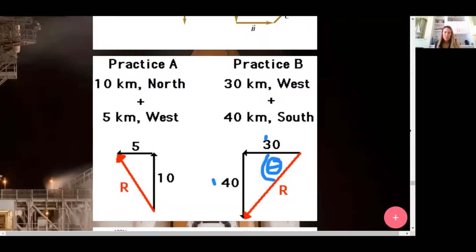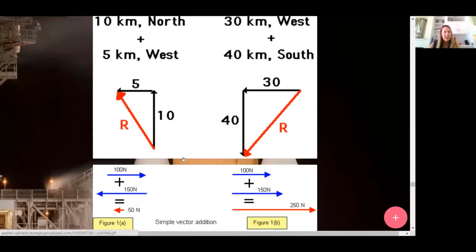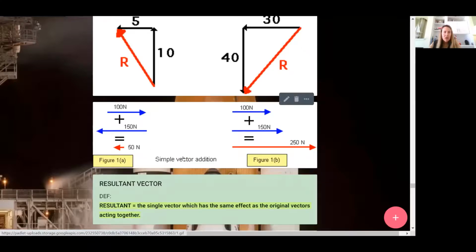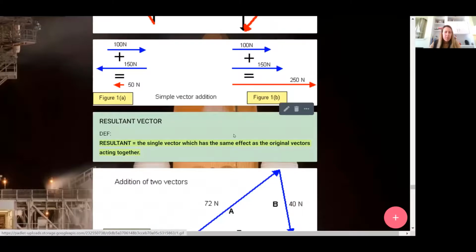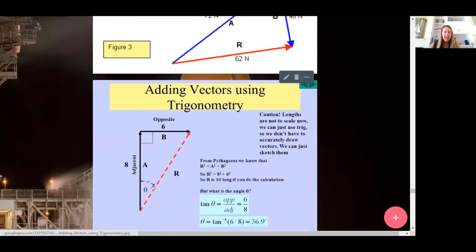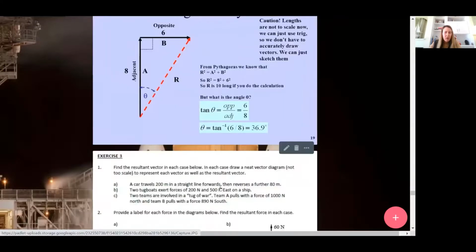Opposite over adjacent will be the tan of theta, so the tan of theta will be 40 over 30. To get theta alone, you simply get the arctan of 40 over 30 and you work it out. And please give your answers to two decimal places. Never leave it in surd form or in fraction form. So there are some more examples you can work through, and we have explained the trigonometry.